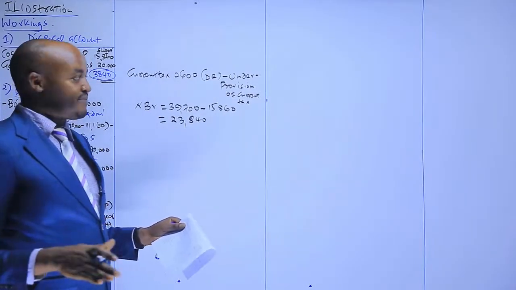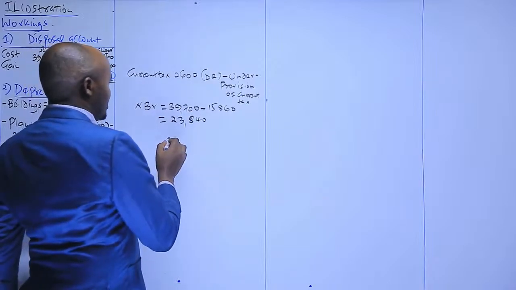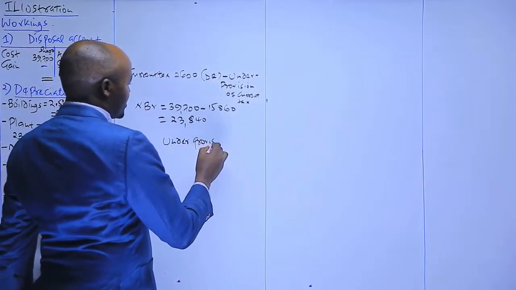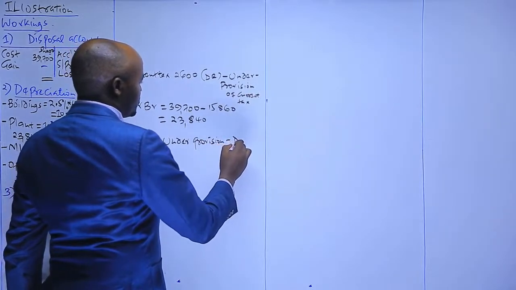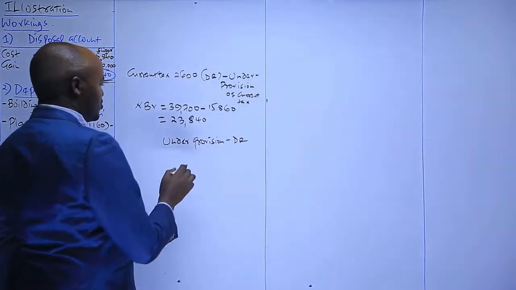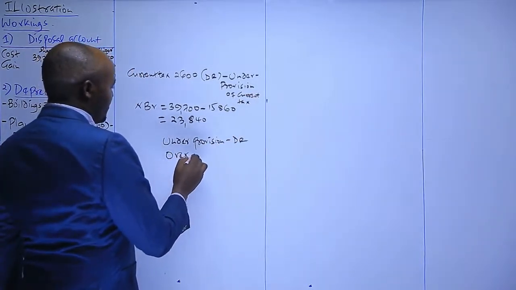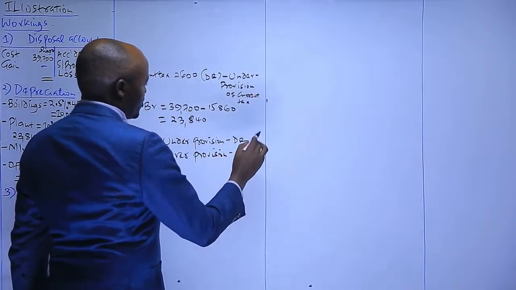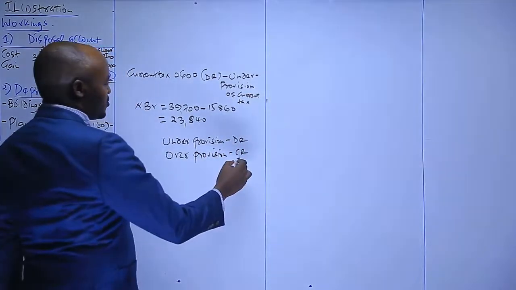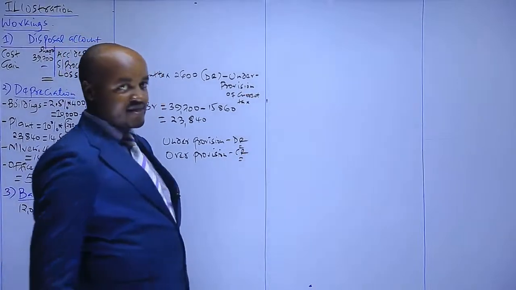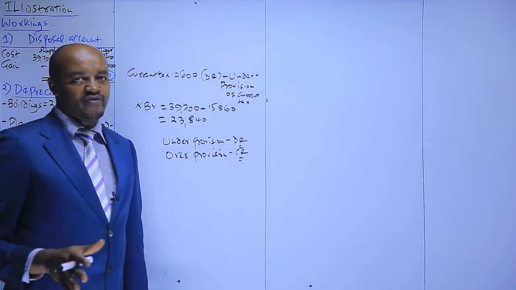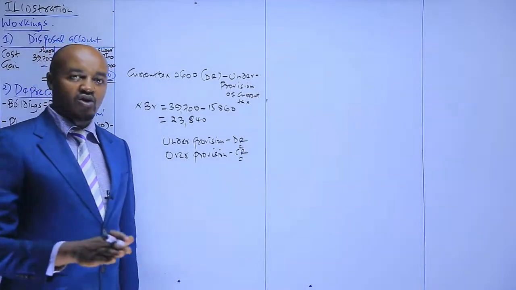That is something which the examiner will not tell you, but any under provision of current tax from the previous year will always have a debit balance in the trial balance, and any over provision of current tax from the previous year will have a credit balance. This is something you'll come across in most of the questions for published accounts, but the examiner will not have specified whether it is over or under.